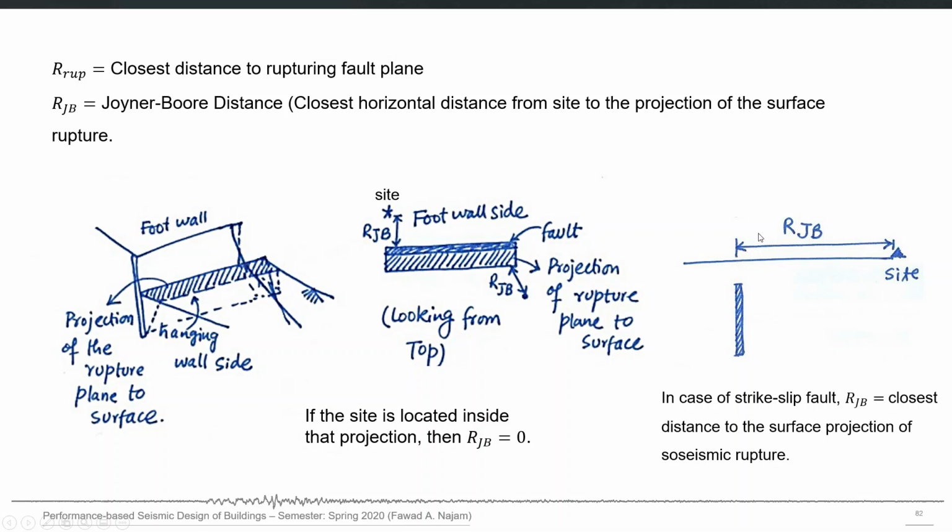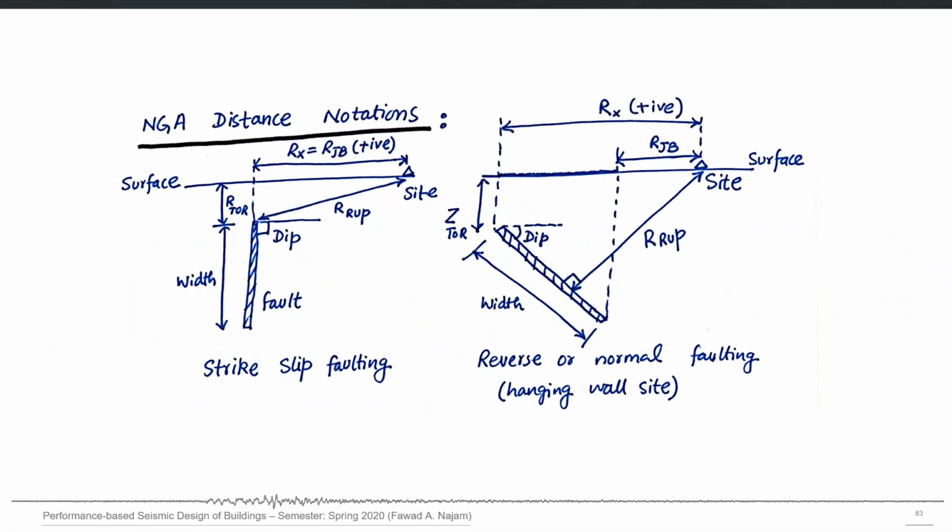It will not be a shaded area; it will be just one point or one line on the surface, and the closest distance from that line or point is RJB for your site. Similarly, here also, this is a strike slip example. Whatever point on the surface you have directly above the rupture, this will become your RJB.